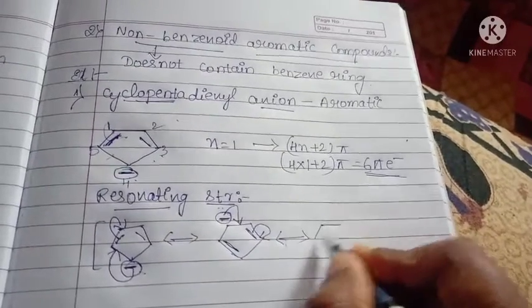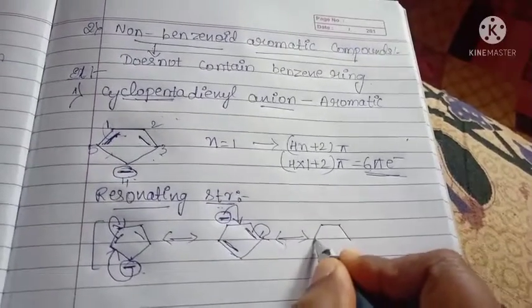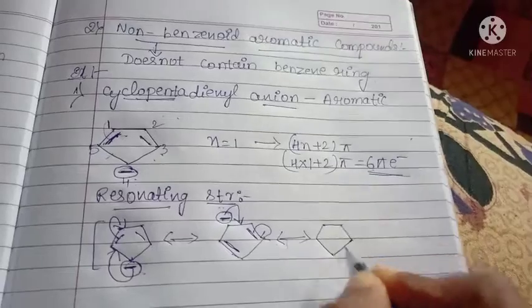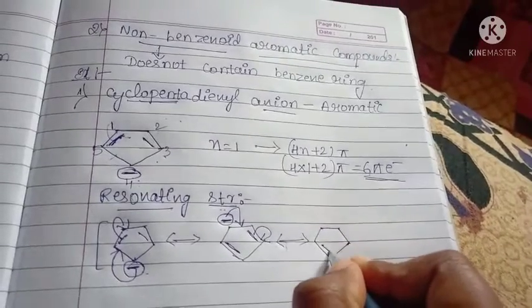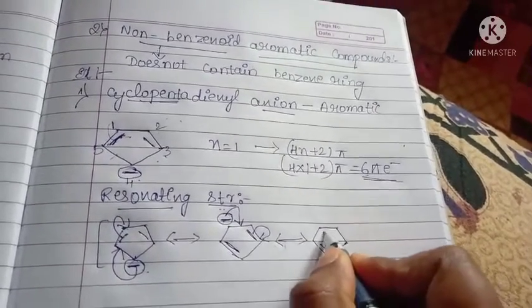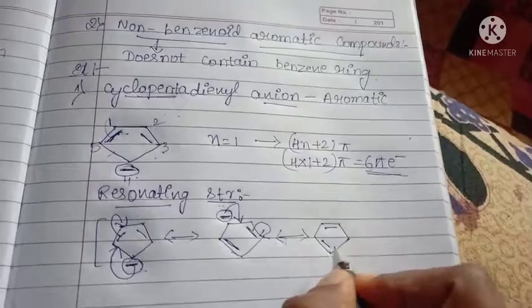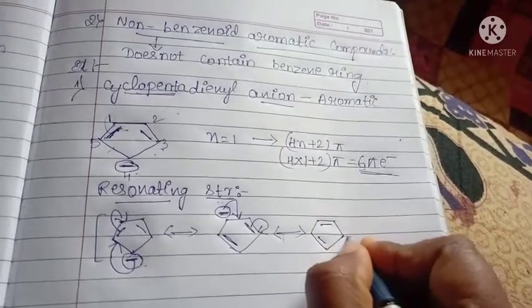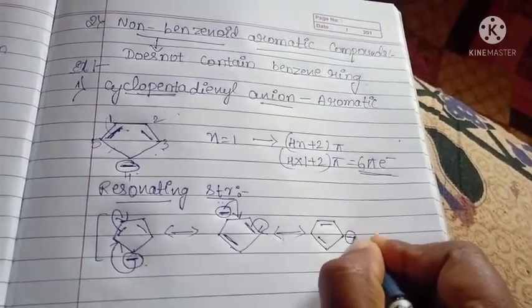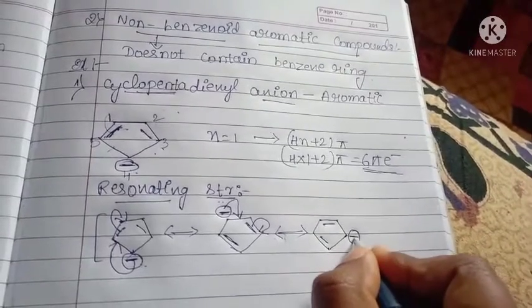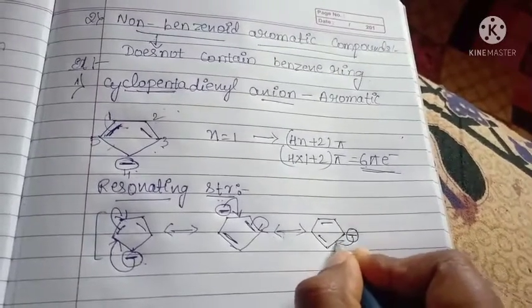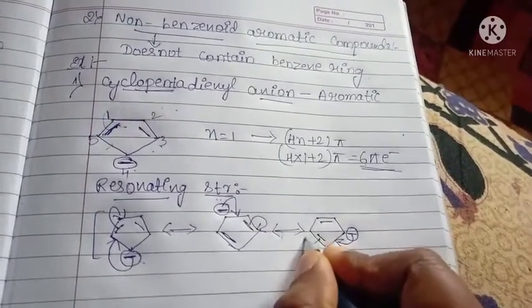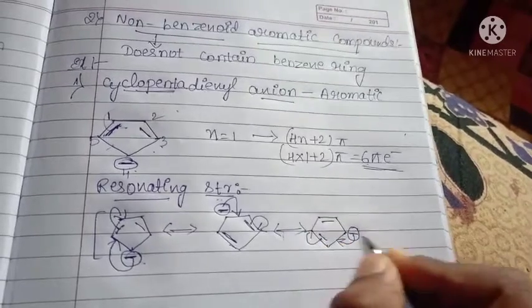Okay, then carefully you have to write it, this electron and this electron. Okay, you have to write alternate double bonds in between. Okay, and then it contains a negative charge. So then it comes here, then this bond goes to the fifth carbon atom.